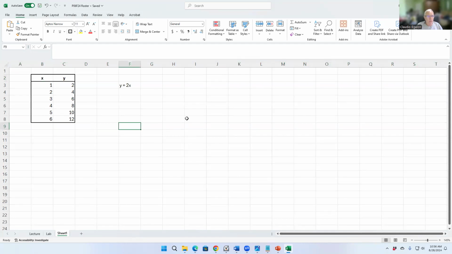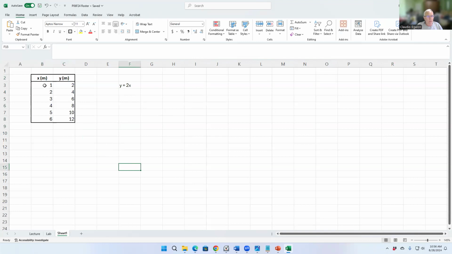Because we are doing physics here, those X and Y values must have a unit associated with them. So let's say that the unit for X and Y is meters. You put the unit in parentheses. And now we can start plotting the graph.